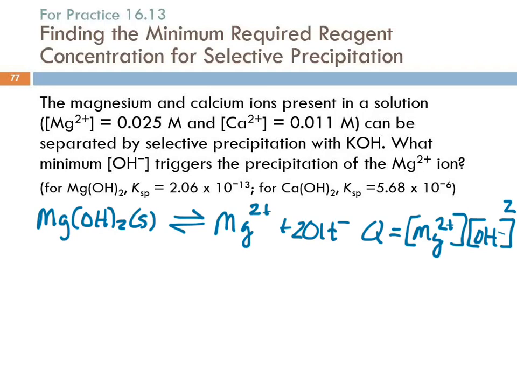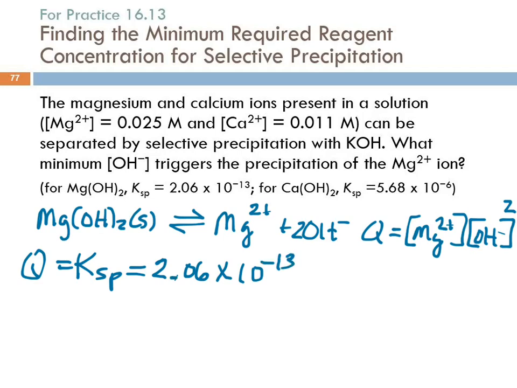What's the situation where it will just begin to precipitate? Saturated. And at saturation, what's the relationship between Q and KSP? Equal. So we want Q to be equal to KSP. KSP is 2.06 times 10 to the minus 13.